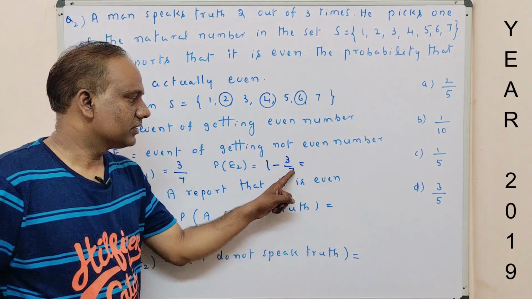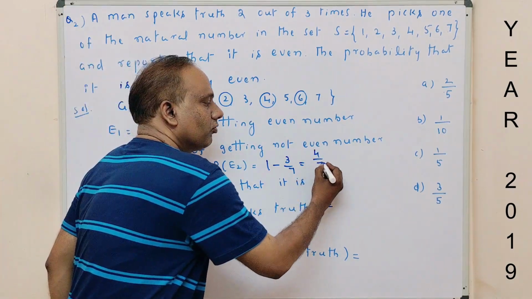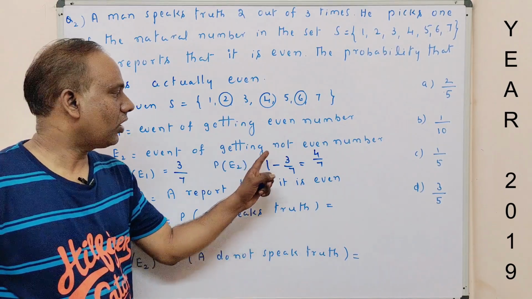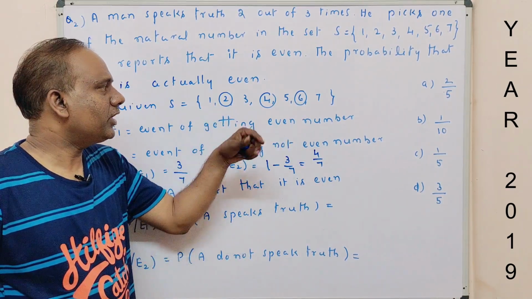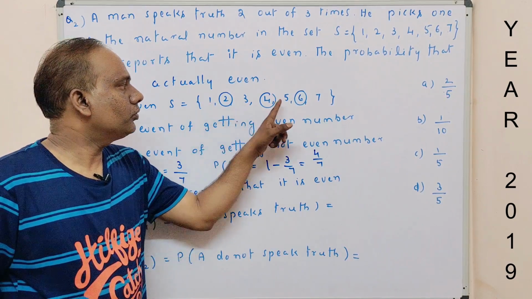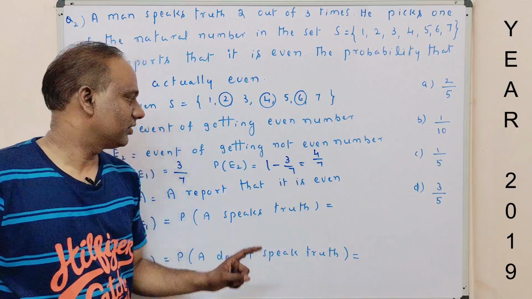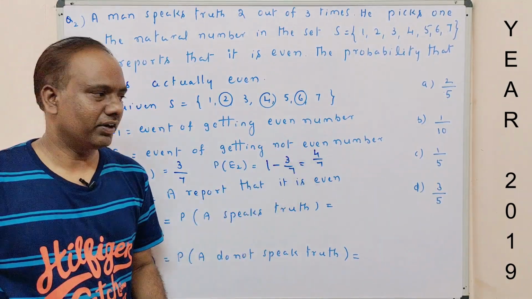So 7 minus 3 is 4 by 7. Or we can do another way also. Not getting even number means the remaining numbers. Remaining numbers are 1, 3, 5, 7, so 4 by total number 7. So not getting even number is 4 by 7.